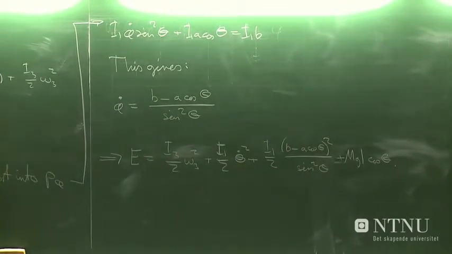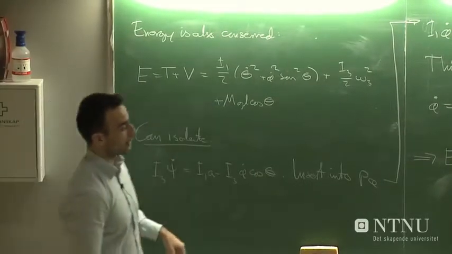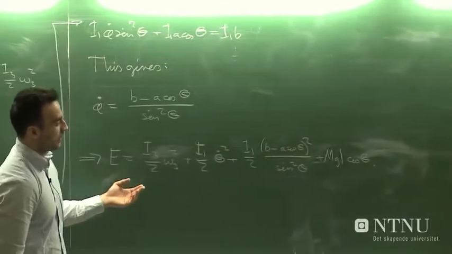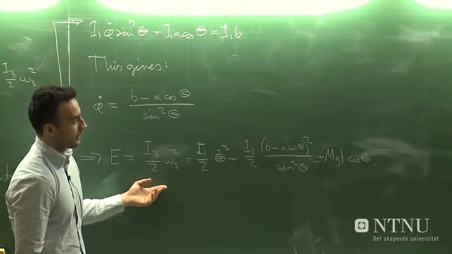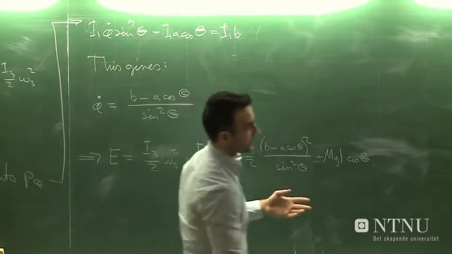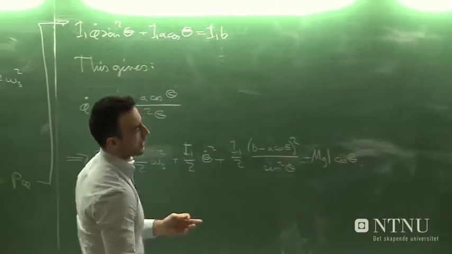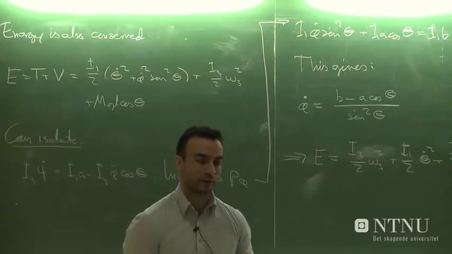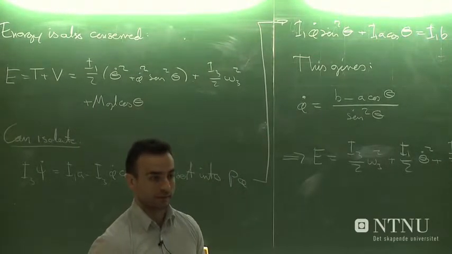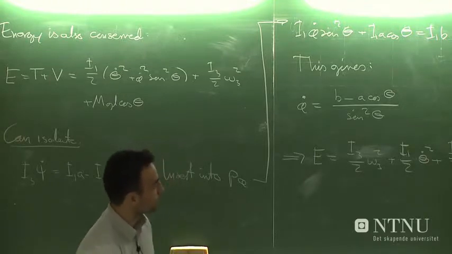If I now insert my expression for phi dot and psi dot into the energy, I obtain this equation. And I could just as well have substituted them into the Lagrangian, but the main conclusion is the same. We've managed to reduce the problem to an effective one-dimensional problem. There's only a dependence now on one generalized coordinate, theta.